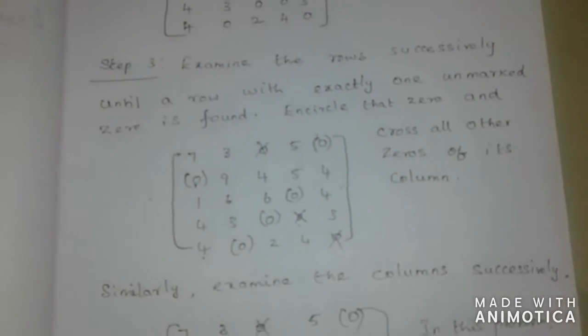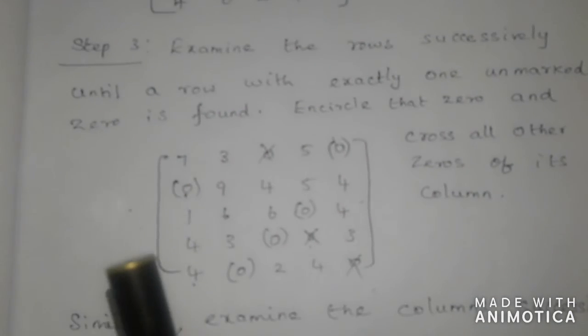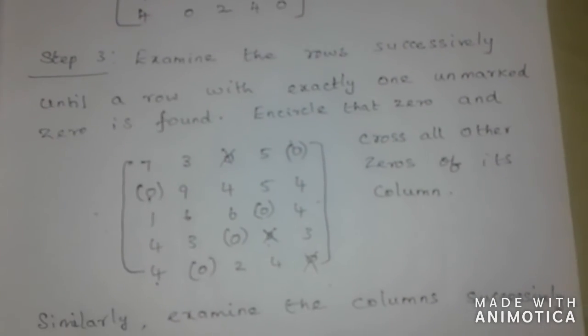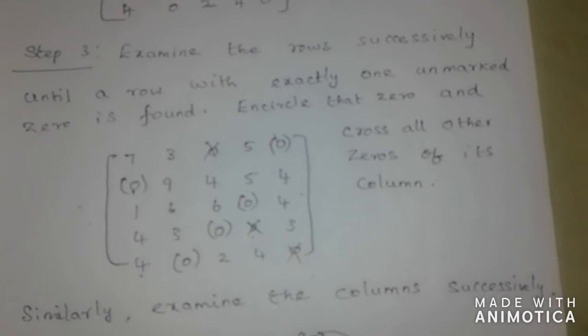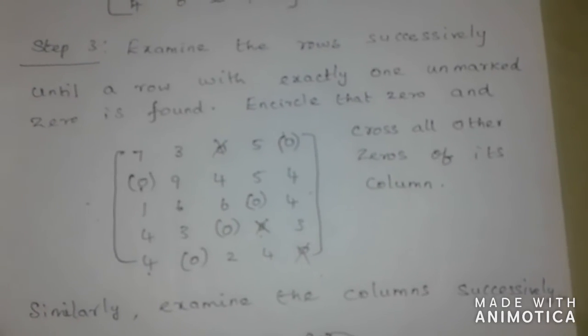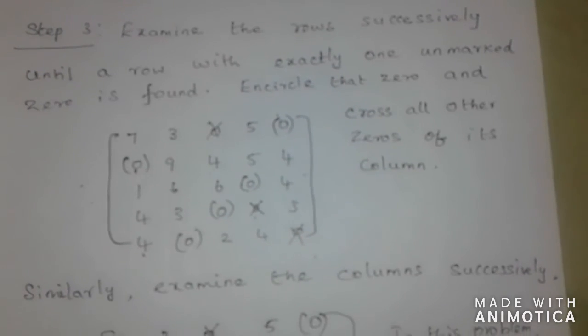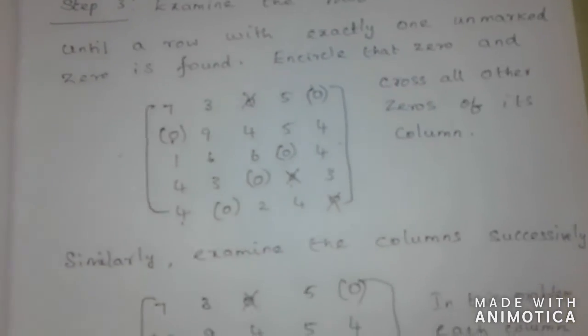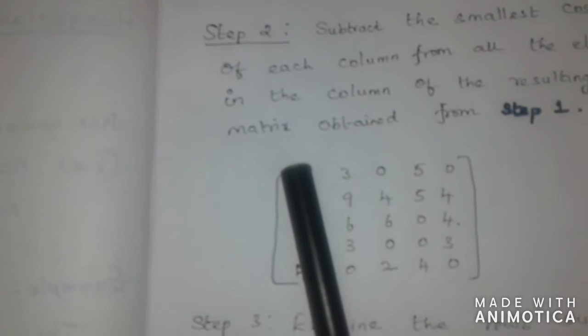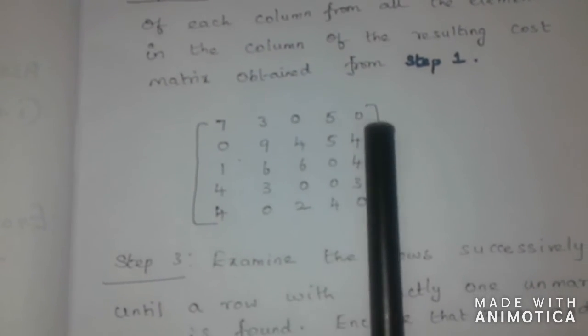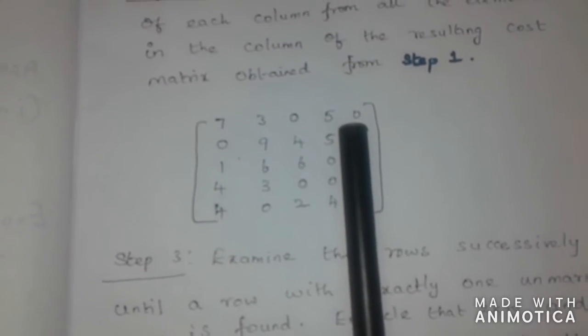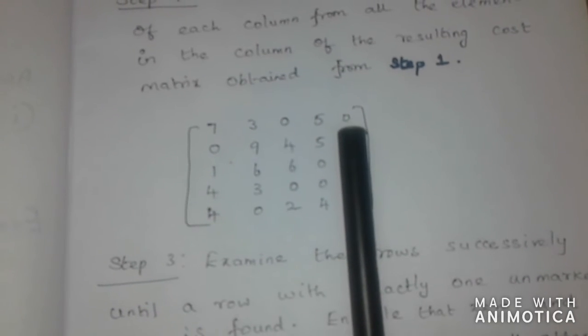In step 3, we have to examine the rows successively until a row with exactly one unmarked 0 is found. Encircle that one unmarked 0 and cross all other zeros of its column. For example, in the first row we have 2 zeros, so we cannot encircle any 0.